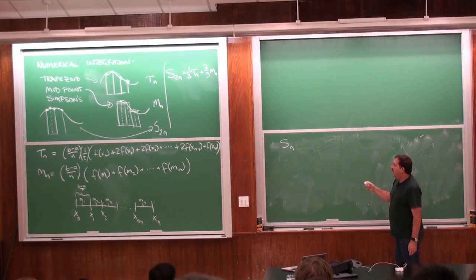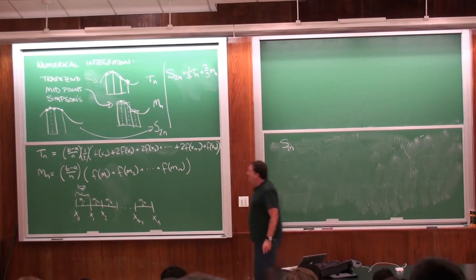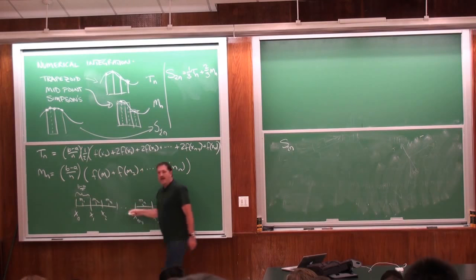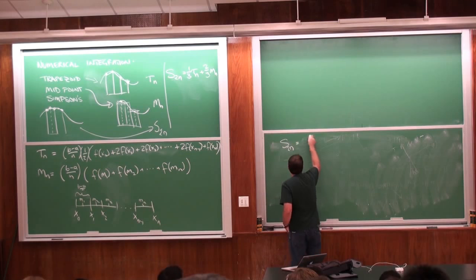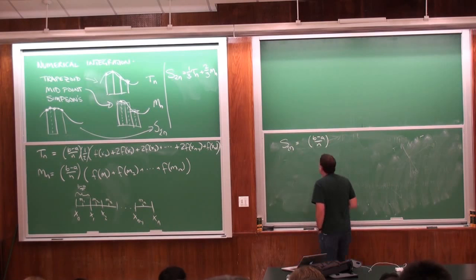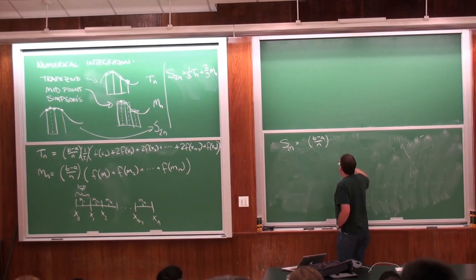Here, I have about n points. I'm going to use exactly the same points. And what I want to take is the width here. And then I'm going to average these two things in sort of a funny way.